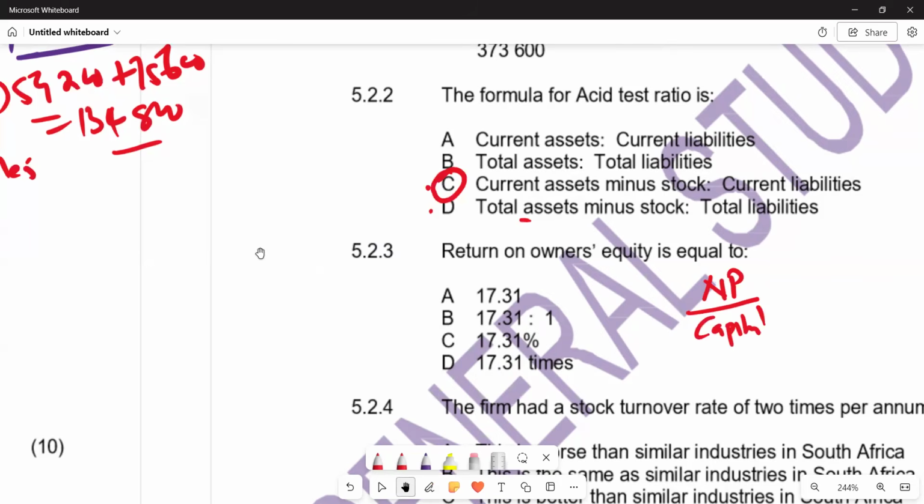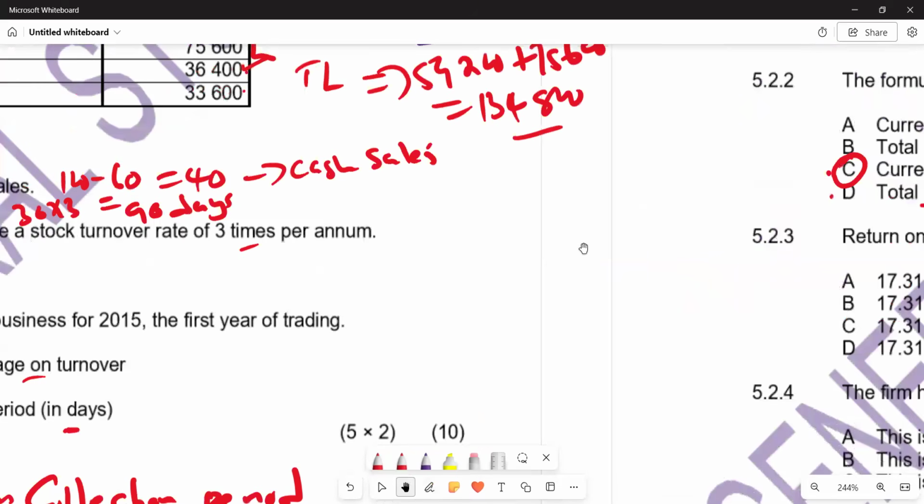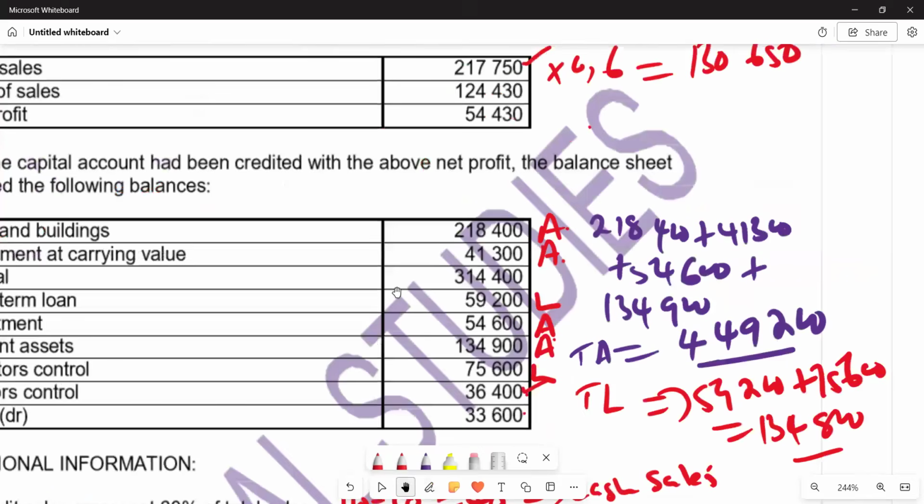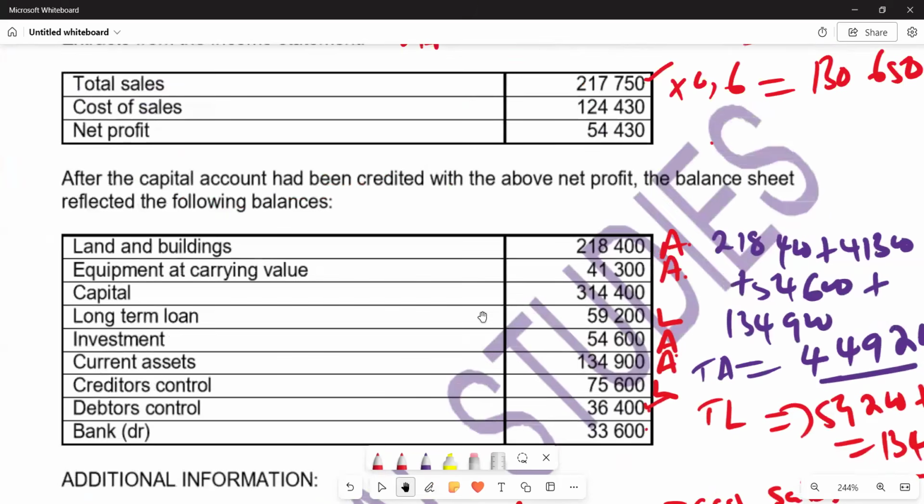So let's try to see there what do we have in terms of our net profit. So our net profit, we've got 54,430. Then we divide by our capital, which is 314,400.